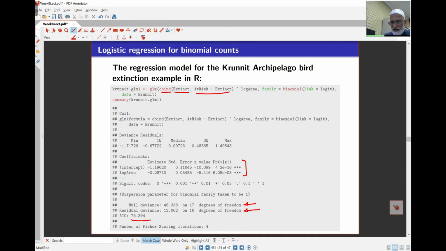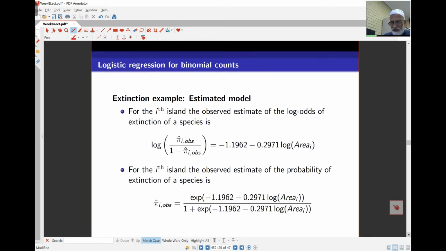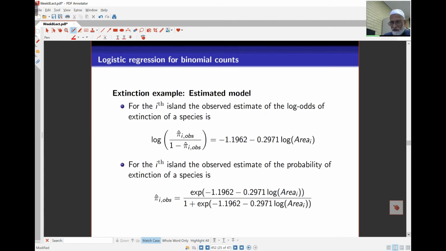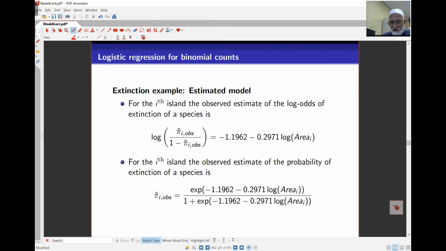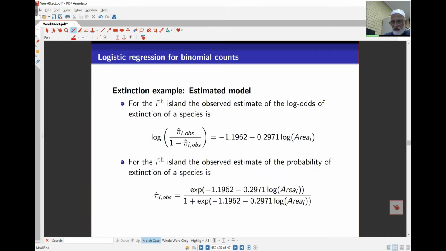So I know looking at the outputs here that the log area is a significant variable in the model. I can write down the model equation using that. So I can get here the log of pi_i observed over 1 minus pi_i observed. The logistic function here has the constant, which is negative 1.19 as in the model there, and minus 0.2971 times log of area.